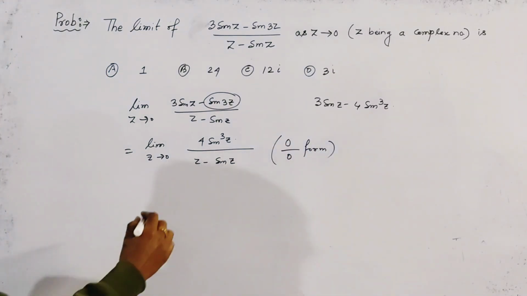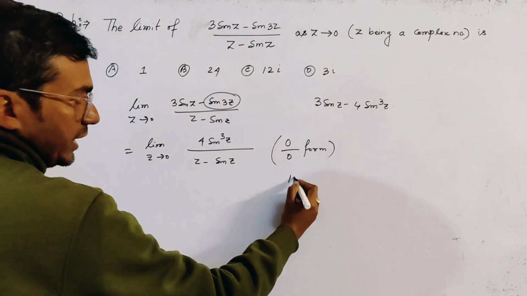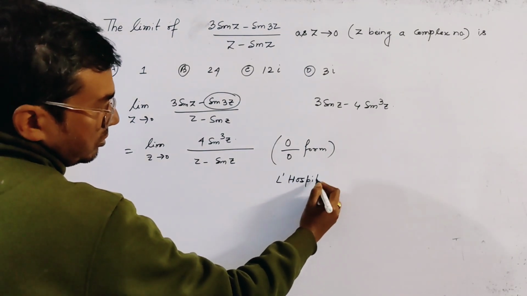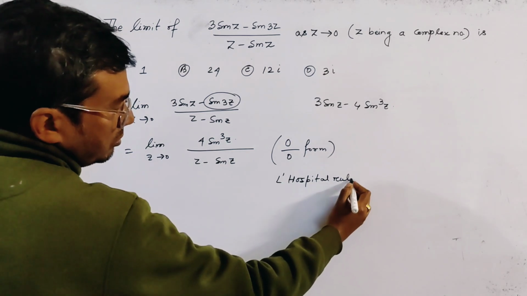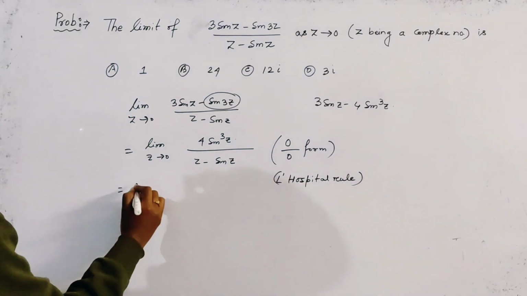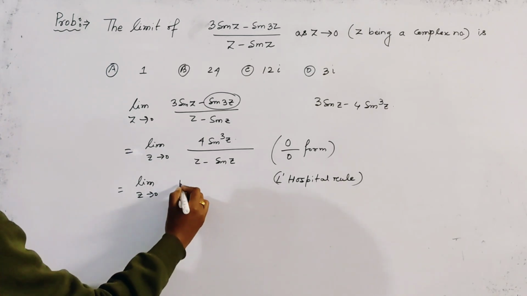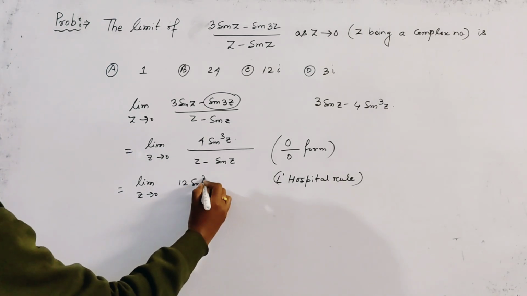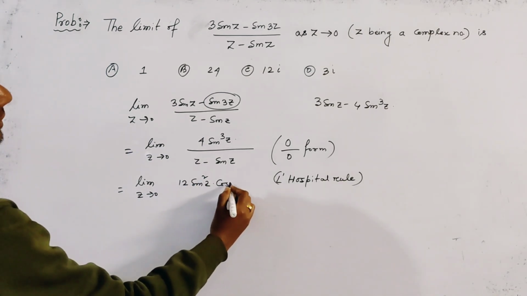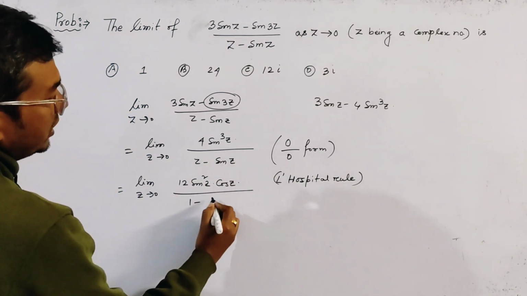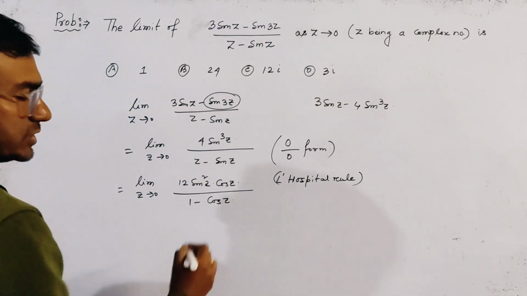Okay, so use L'Hospital rule. We get the limit as limit z tends to 0, this is 12 sin square z into cos z by 1 minus cos z.